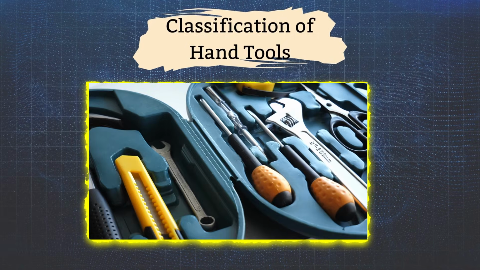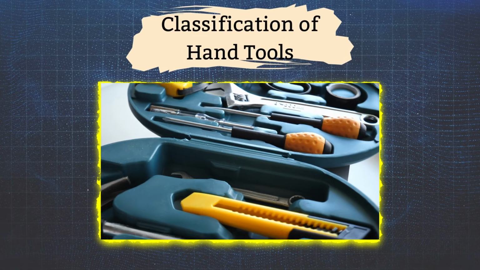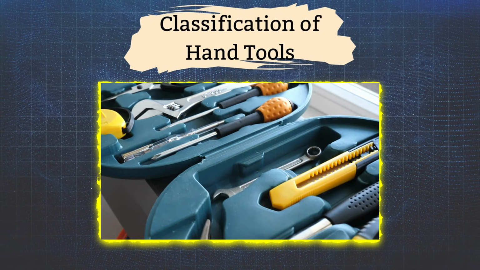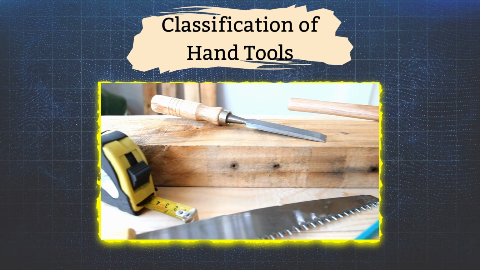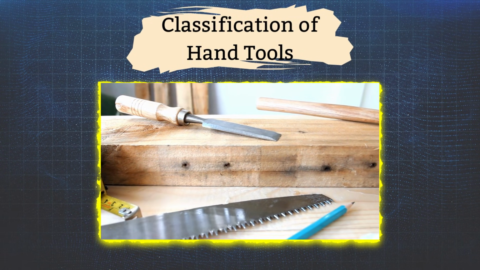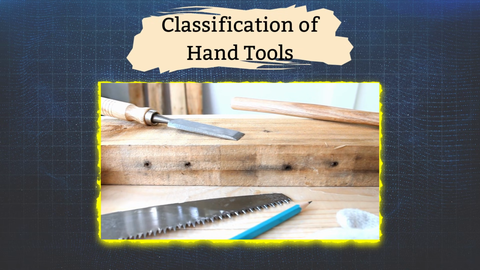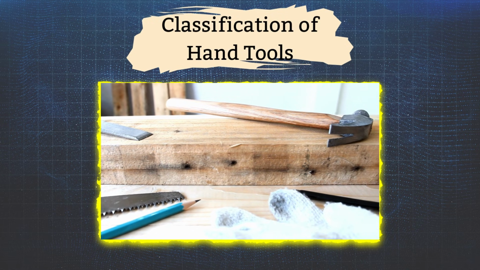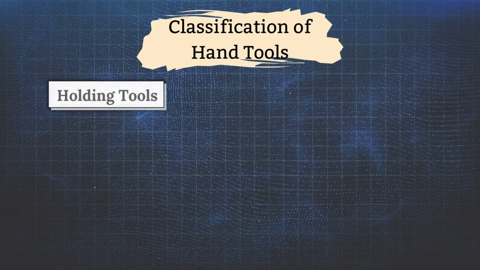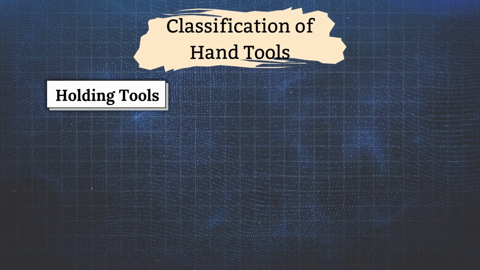Hand tools can be categorized into various groups, each serving specific purposes. Consequently, these groups are utilized in different situations and for other tasks. Here are some prevalent classifications you may encounter regarding hand tools. Number 1, holding tools.